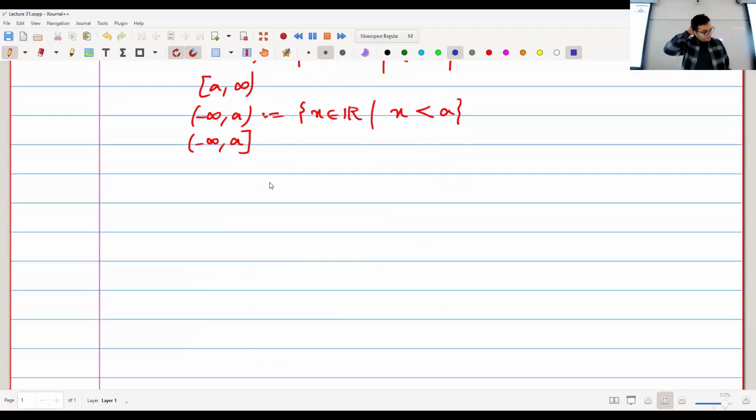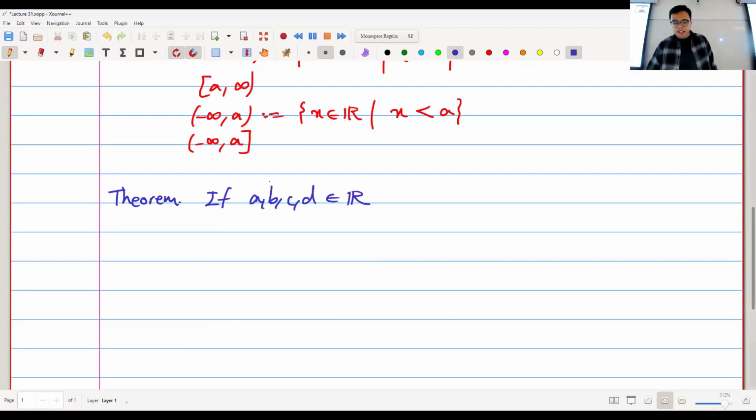Now, what I want to prove is this. This is my theorem. I want to say that if I have 4 numbers, so if A, B, C, D are real numbers, and let's say A is less than B and C is less than D. Here are the things that I want to prove.